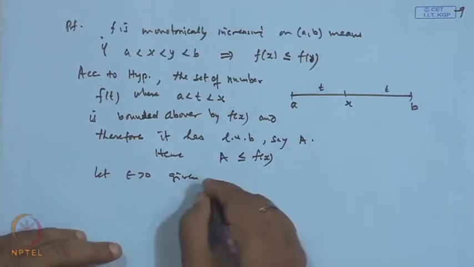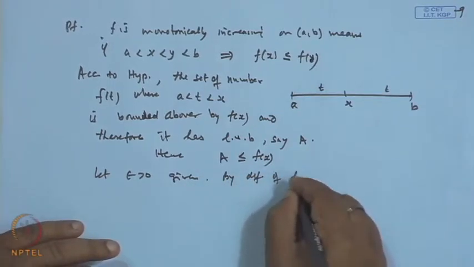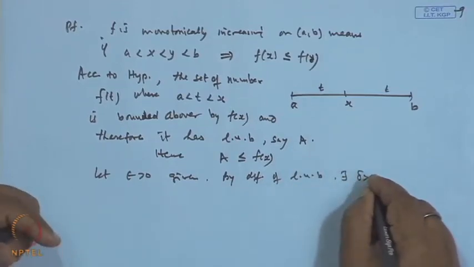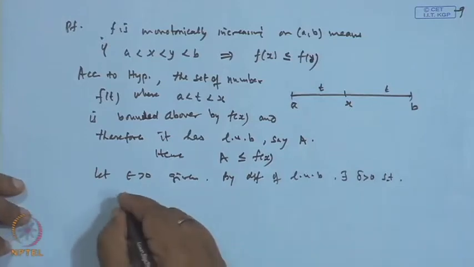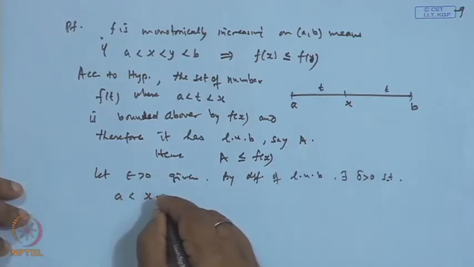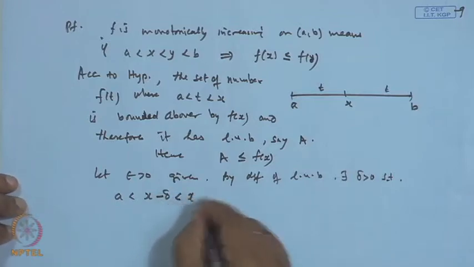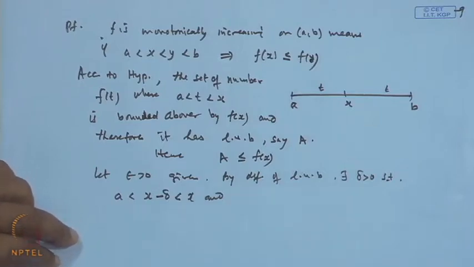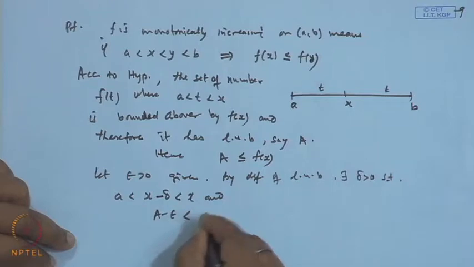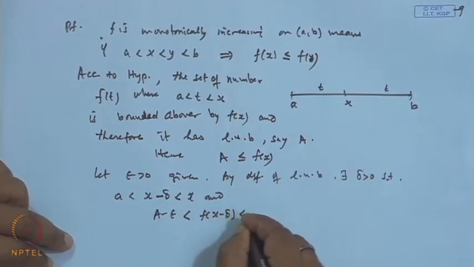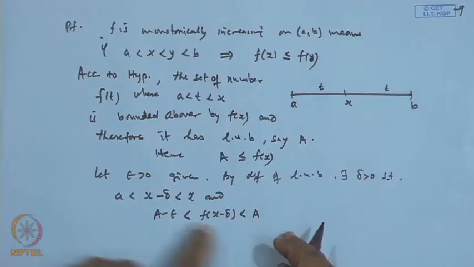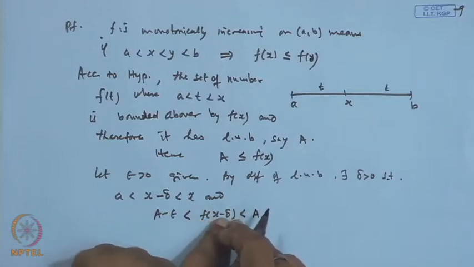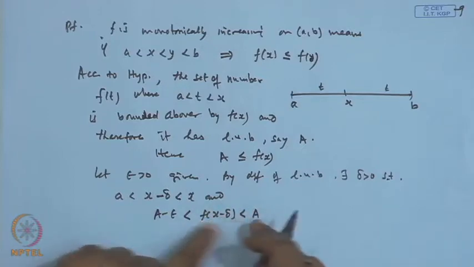So, by definition of least upper bound, there exists a delta greater than 0, such that for x minus delta less than x, a minus epsilon remains less than f of x minus delta, which is less than a, because a is the least upper bound. So, if I take a number slightly lower than this, then there is a point x minus delta available such that the functional value will lie between them.